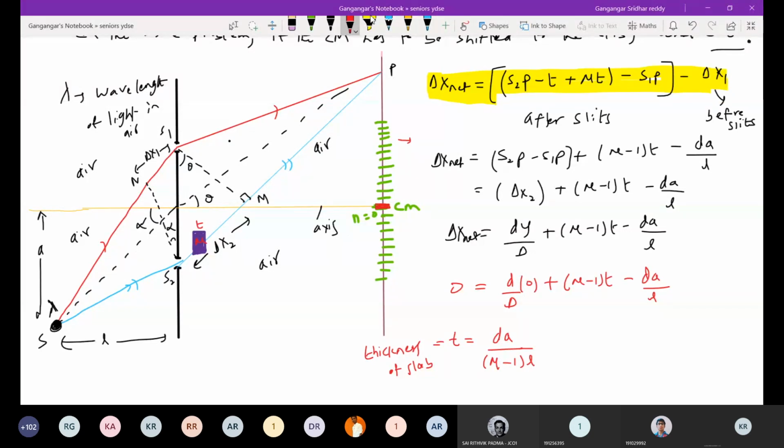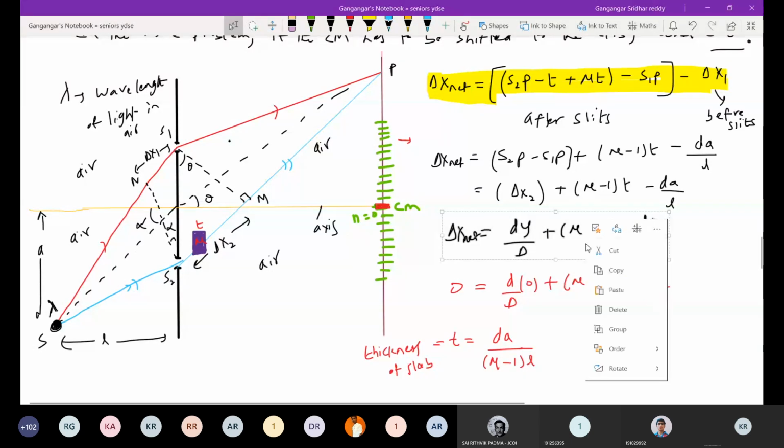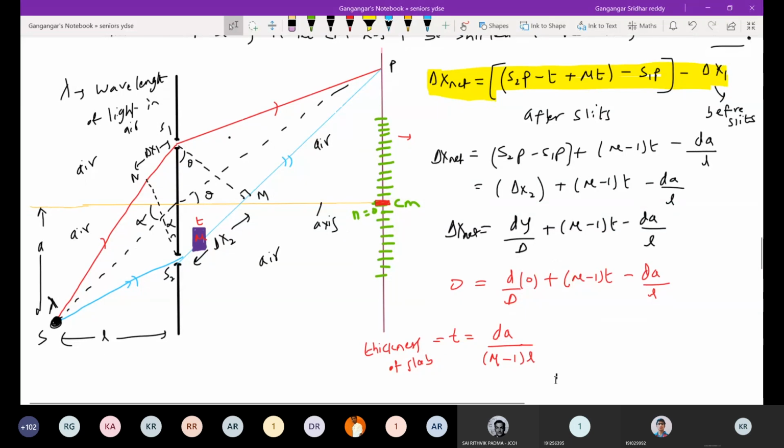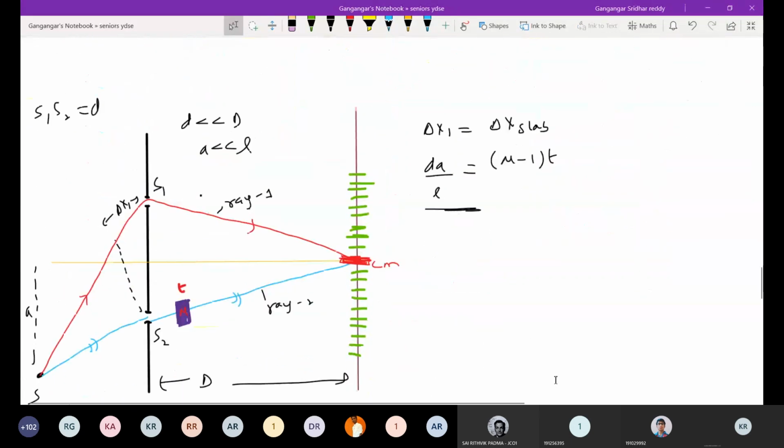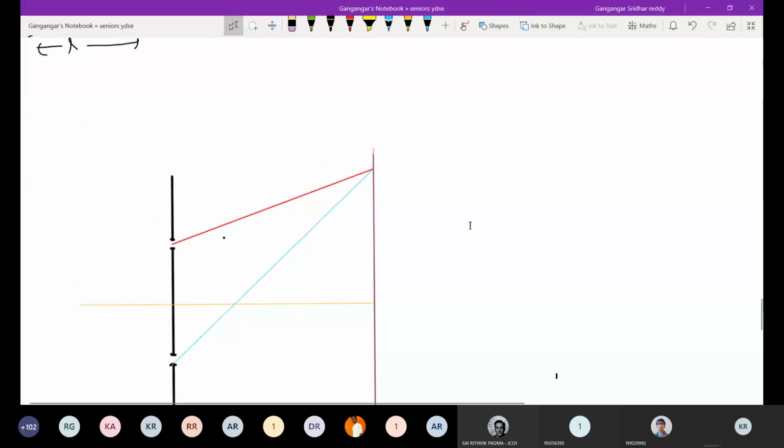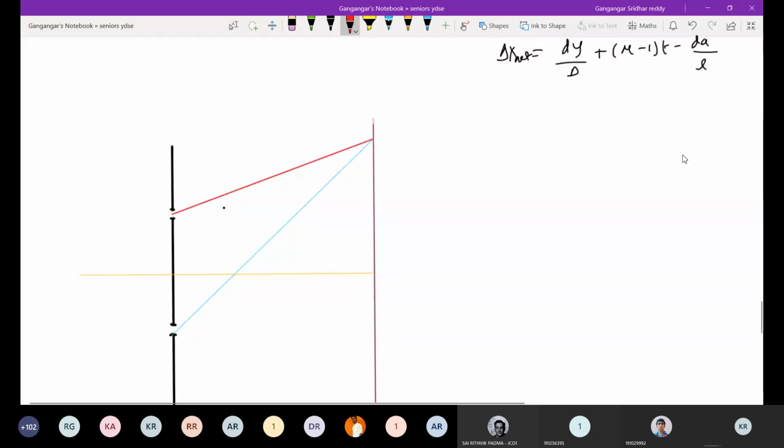The same problem. I'll copy this because I need this. Well, I'll continue from here. We have already one diagram. Now, what is the next condition? The next condition is such that the source is here.